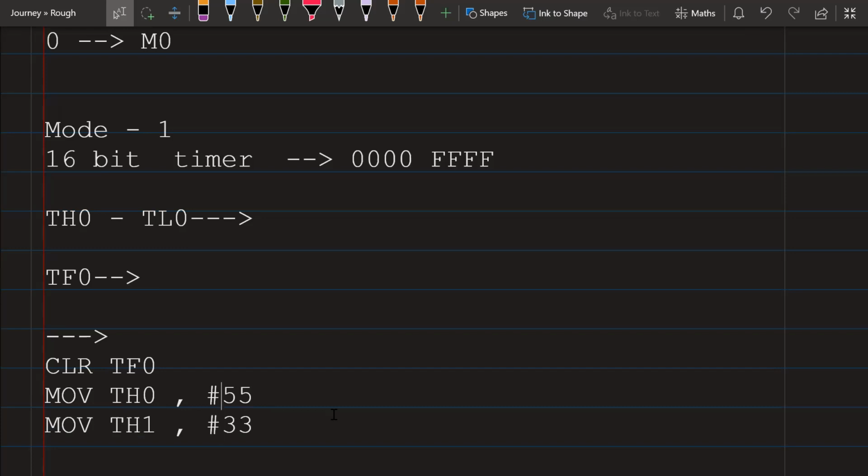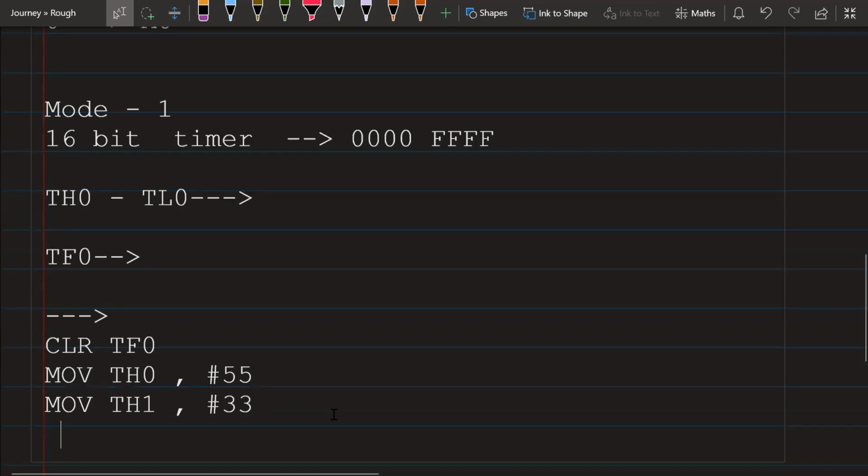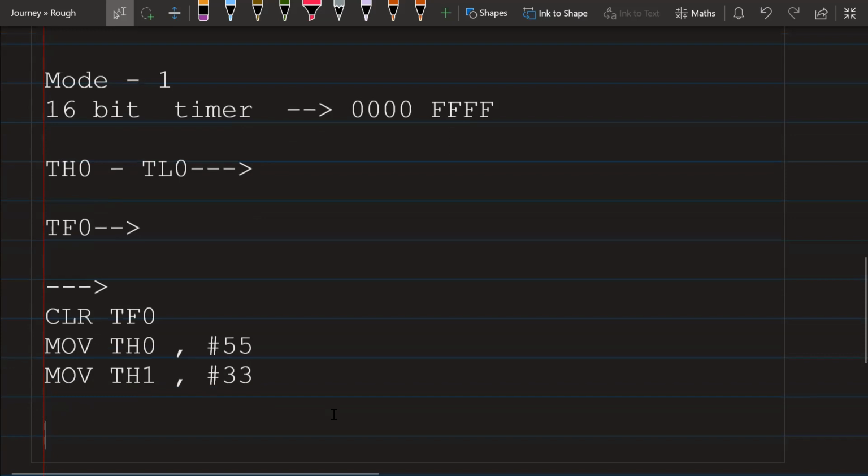So see, again, how to find the count? How to find the frequency is based on that one microsecond we discussed: 1 by 12 into your clock frequency. Usually they'll mention the clock frequency of the 8051.